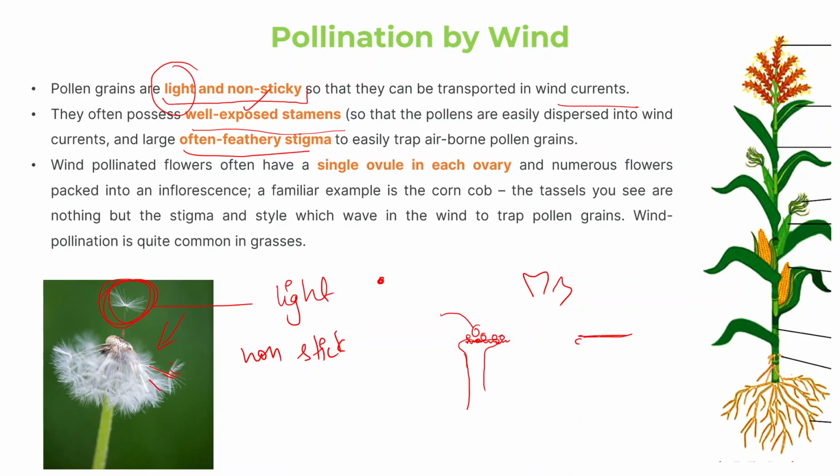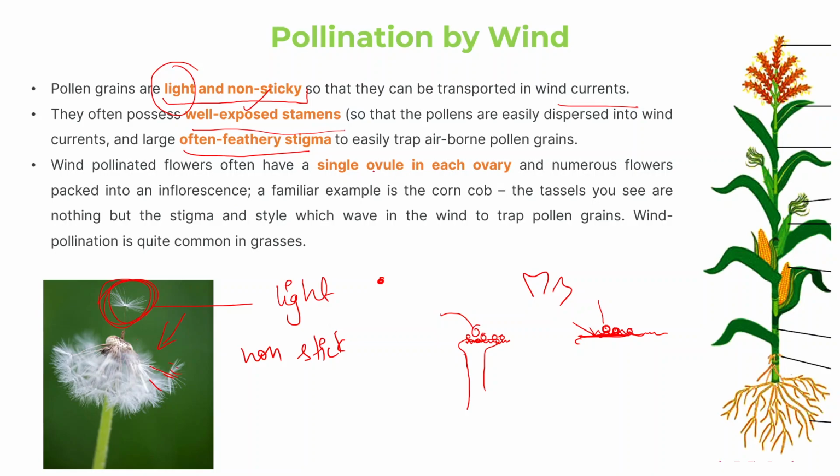If the surface is very smooth, it will not be able to trap anything. But if it is rough, very feathery, it will be easy for the stigma to trap things, right? So during pollination, you will see so many different kinds of adaptations. If it is pollinated by wind, you will see different adaptations by these pollen grains or stamens.